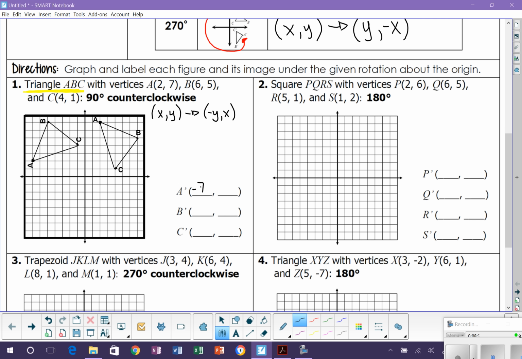So negative 7 comma 2. What about B? Is it negative 5 comma 6? 1, 2, 3, 4, 5. 1, 2, 3, 4, 5, 6. Did I go up too high? Looks like it went up too high. Maybe I went up too high here. Nope.